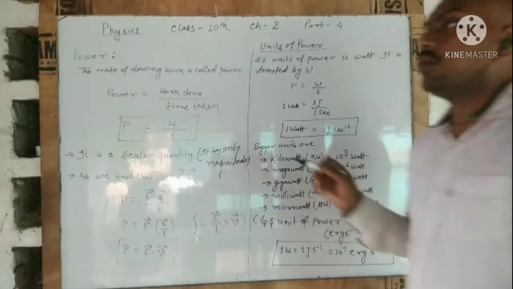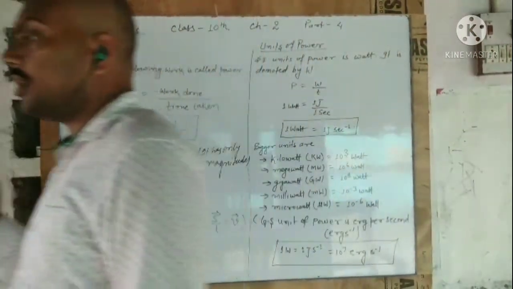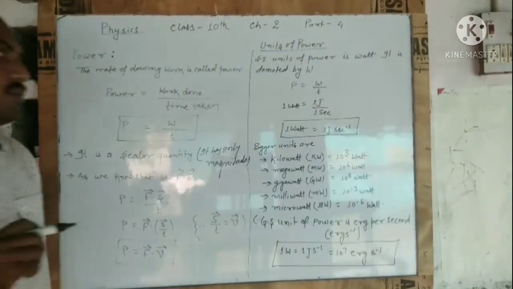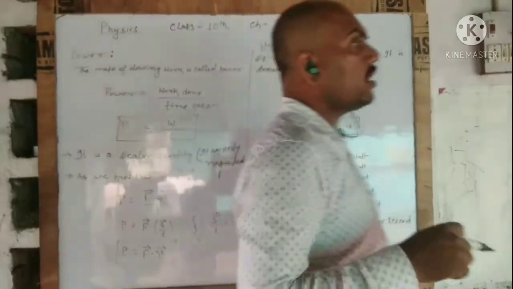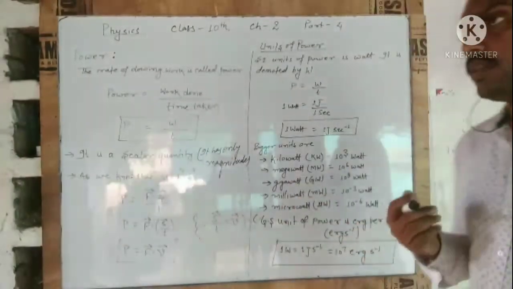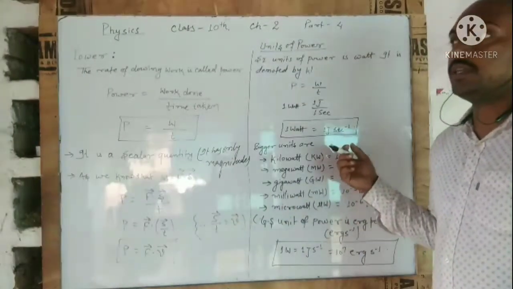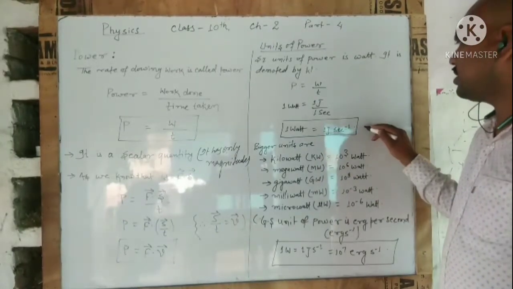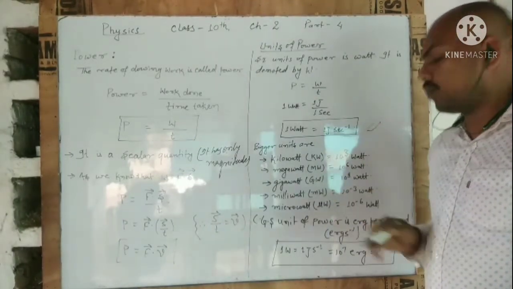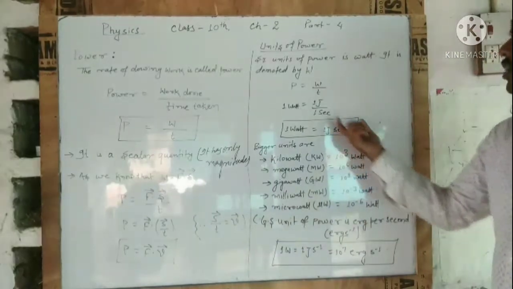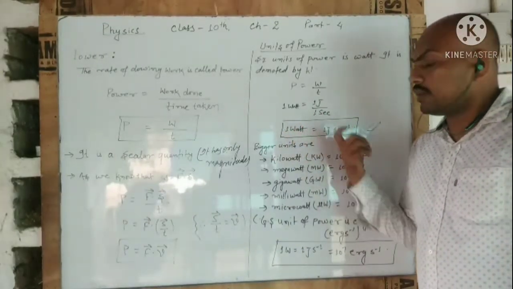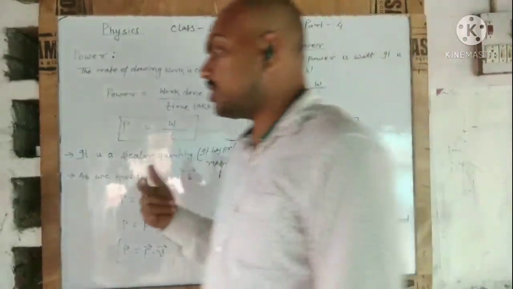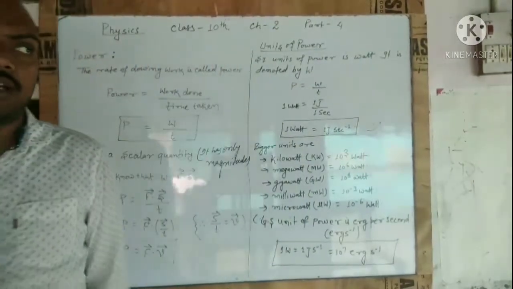It is named after James Watt, who developed many things and contributed to the discovery of power. That's why it is denoted by watt. Now, there may be a question: define 1 watt.